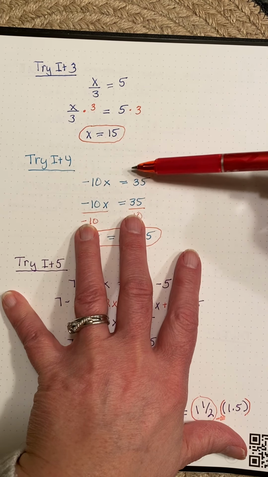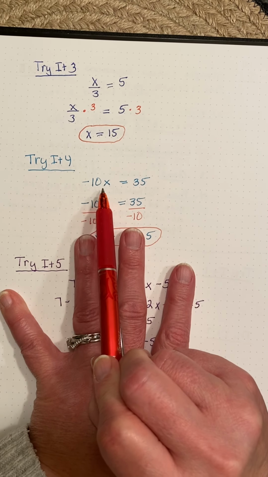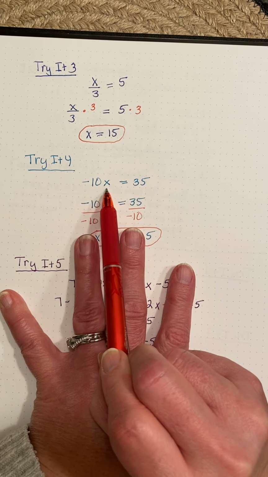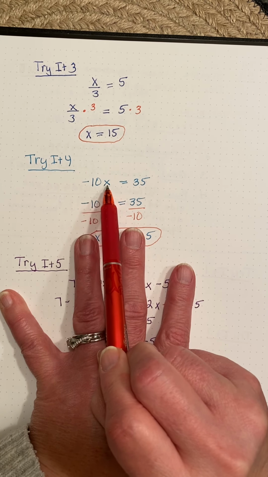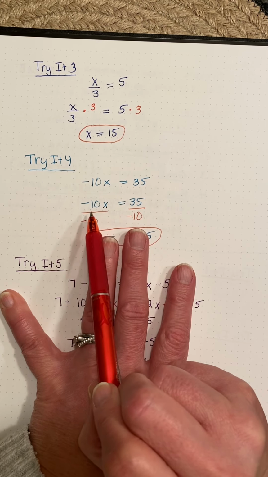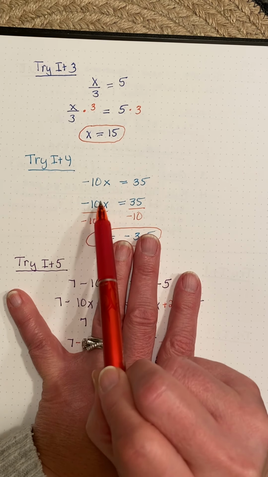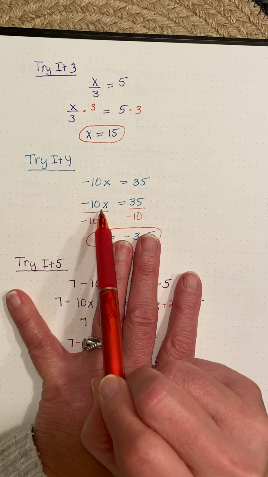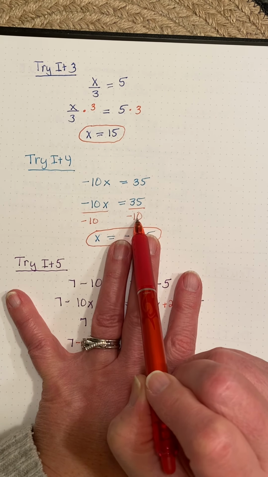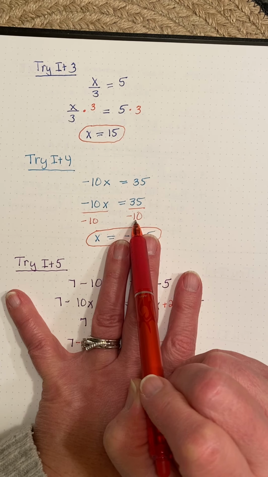In try it 4, I have negative 10x equals 35. When it's written like this, negative 10x, I remember this is multiplying. So to get rid of that negative 10, so I have x by itself, I'm going to divide by negative 10 to eliminate. Again, I'm dividing by negative 10 here, and I will divide by negative 10 on this side also.